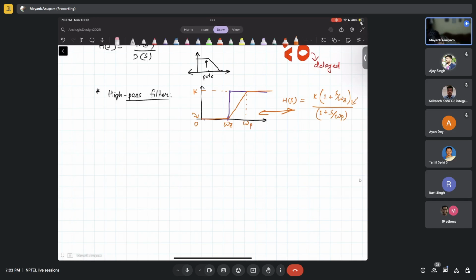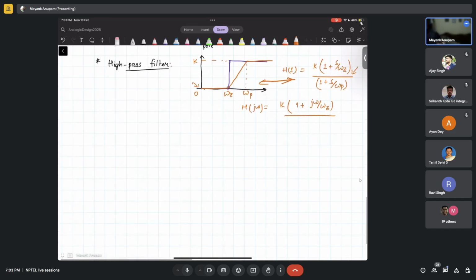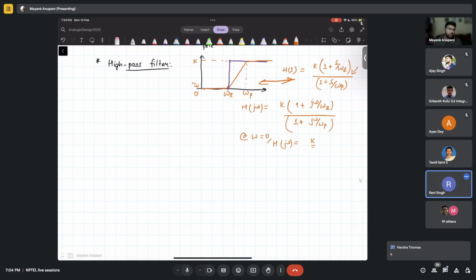But it is not appearing so. If you write H of j omega as k into 1 plus j omega by omega z, divided by 1 plus j omega by omega p, then at omega equal to 0 what will happen to H of j omega? It will be k, right? Yes, this is wrong, isn't it? Clearly wrong. So how do you fix it?